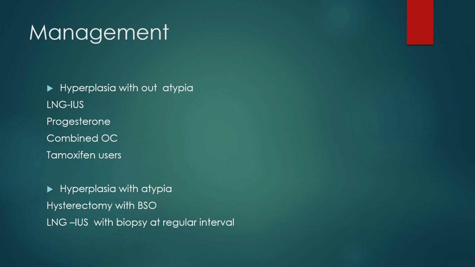Hence, for them, it is suggested to do a hysterectomy, or for those patients at high risk for surgery, we can go for a LNG IUS with regular sampling of the endometrium.